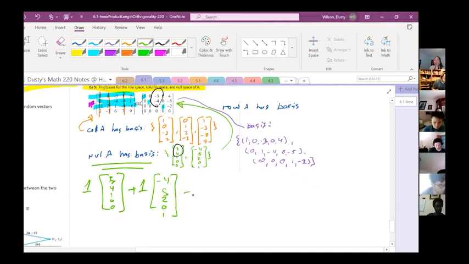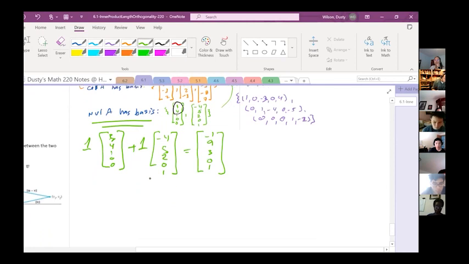And that will equal, looks like, -1, 9, 3, 0, 1. Does that make sense? What is this thing? I'm going to call it random. It's not really random, we just picked it, but it's just a vector in null A.